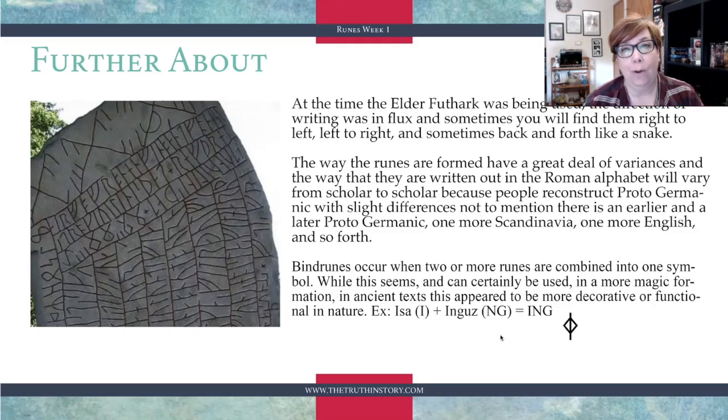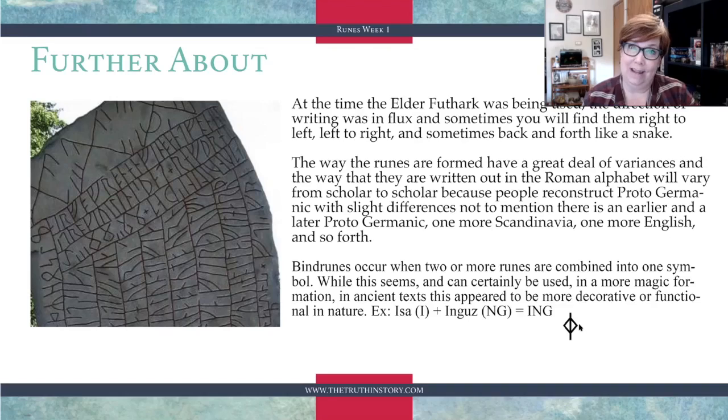But an actual bind rune is a combination of runes. So for the example shown down here, if you have Isa, or ice, here and this here, and you add Ingwaz over the top of it, you get this combination of the two. This is used for setting intentions, doing magic.